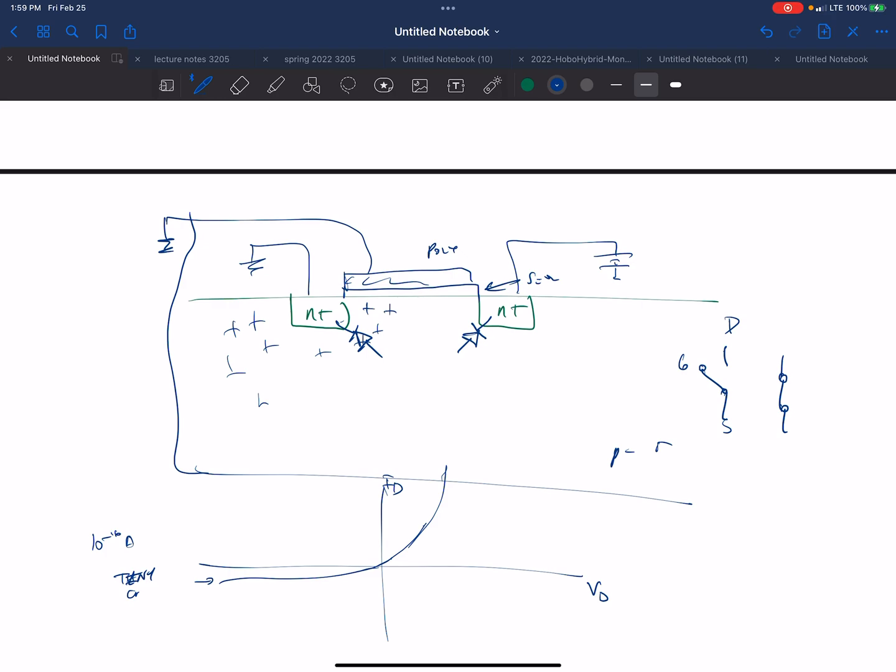When you put enough positive voltage here to repel the positive charges, but before you have that electron channel formed, you call that depletion, because you're depleting that area of positive charges. So accumulation: if you have negative here, you accumulate holes. You put a little bit of positive charge, you push the holes away.